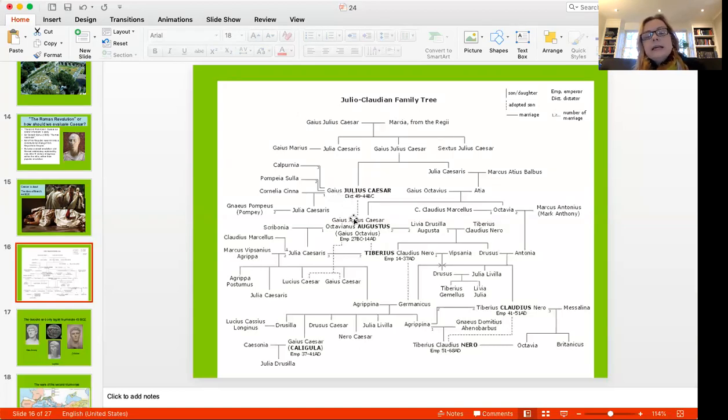And so we see, and we will see this a number of future times in the family, that members of this family also adopt individuals who they want to become part of the family, also to make a line more straight, or essentially claim someone as a son.